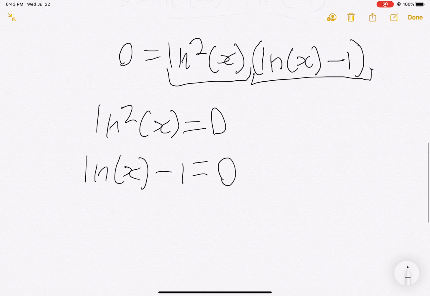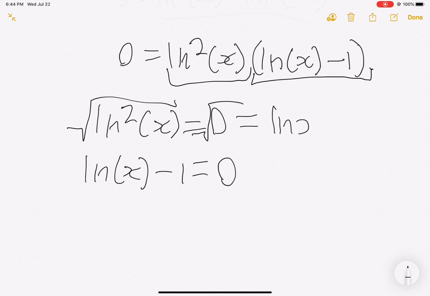We can take the root on both sides of the first one. Obviously the square root of 0 is 0, so we get natural log of x equals 0.